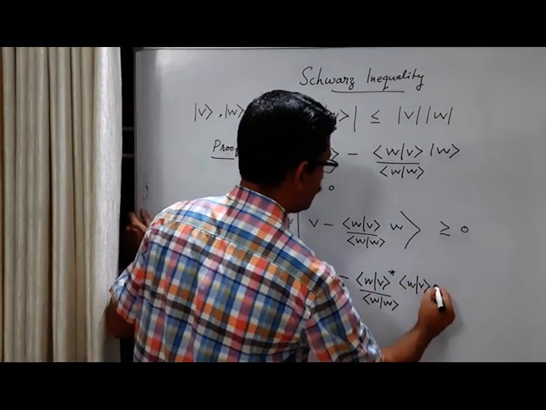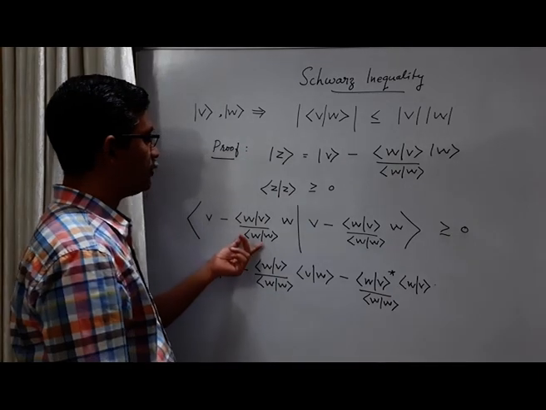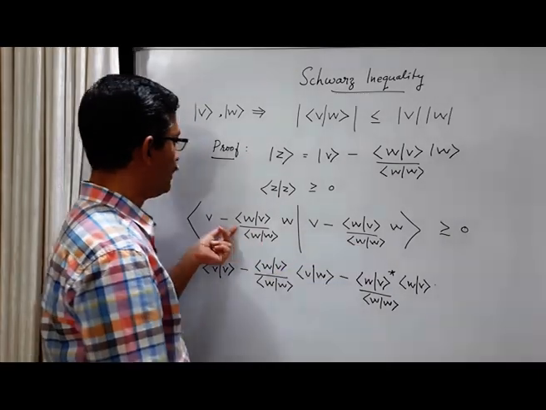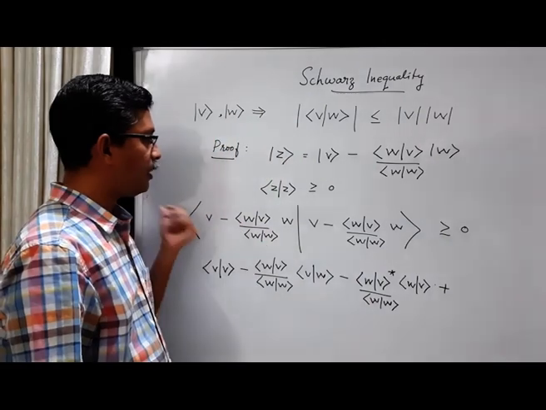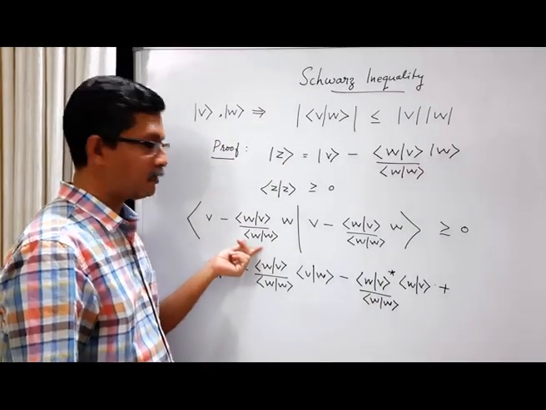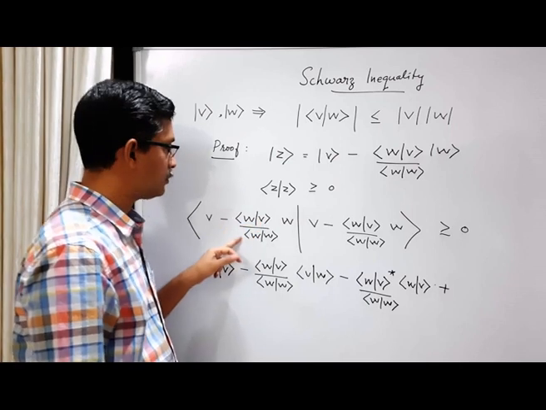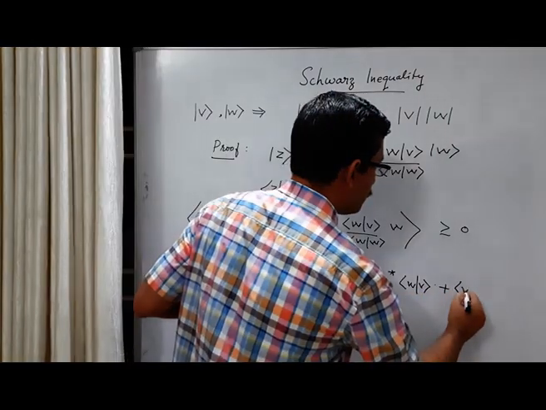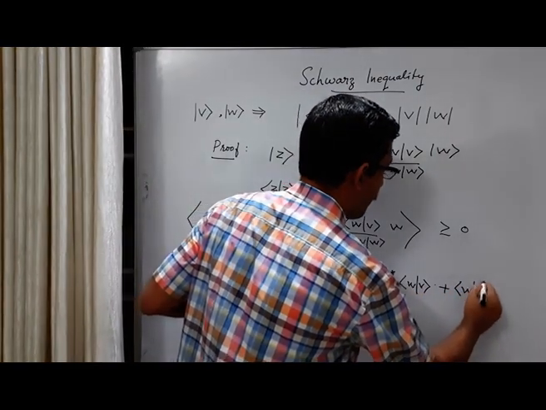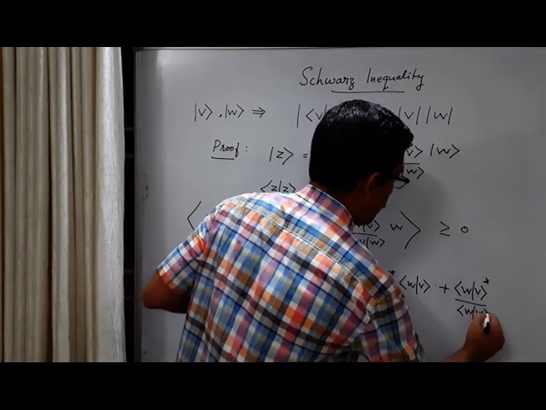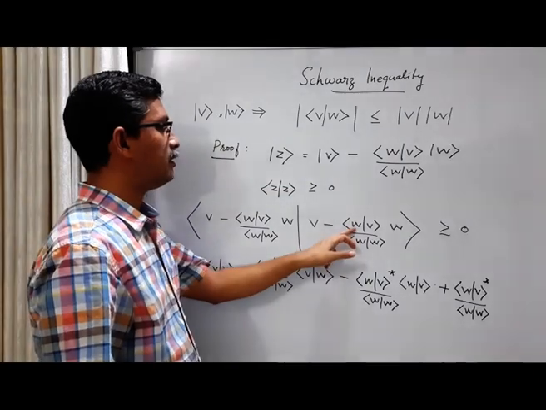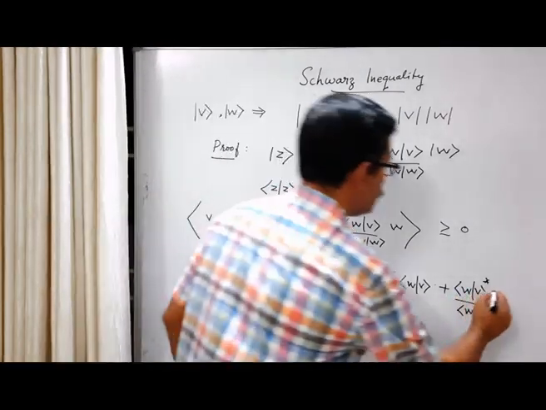Okay. Then last term, inner product between this and this. So minus of minus will be plus. Then this scalar, when you take out from the bra vector side, it will become complex conjugate. The numerator will become its complex conjugate. So we have this scalar, when it comes out, will not change.